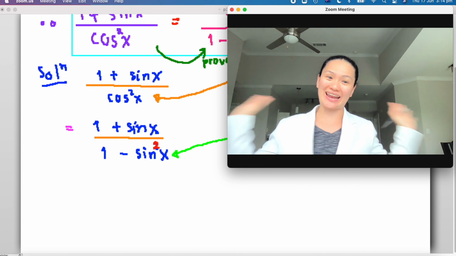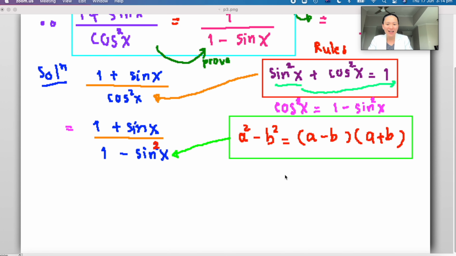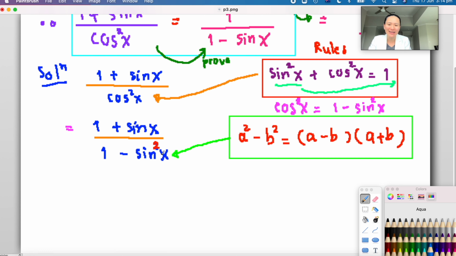I want you to understand clearly. 1 minus sin x squared is actually similar to 1 squared minus sin x squared, so it's linked with a squared minus b squared. Let me write it down properly.